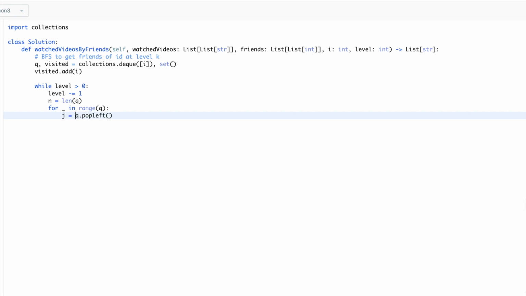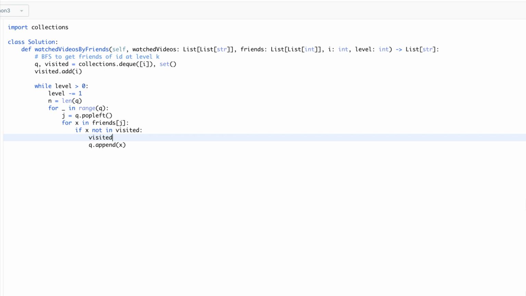Let's call that J. And then we will go get the friends of J and go through them. So those would be friends at level here of J, right? And we'll check if we haven't visited them yet. That means we can add them to the queue now, so we append it, and then we add them to the visited set because we visited them.